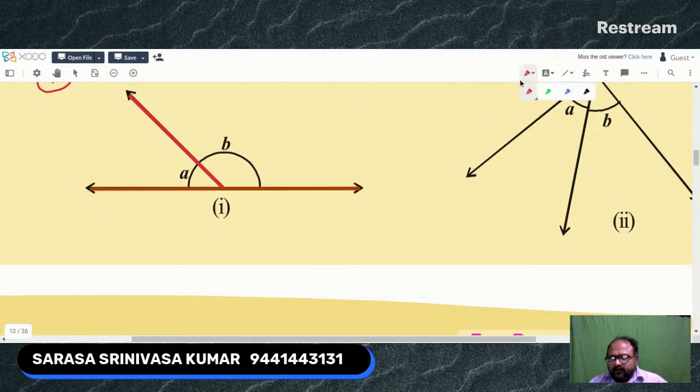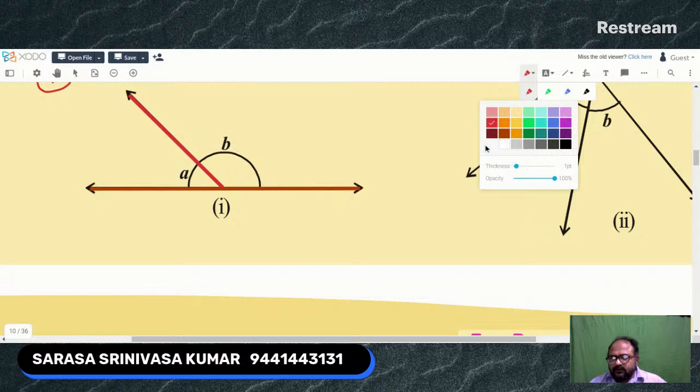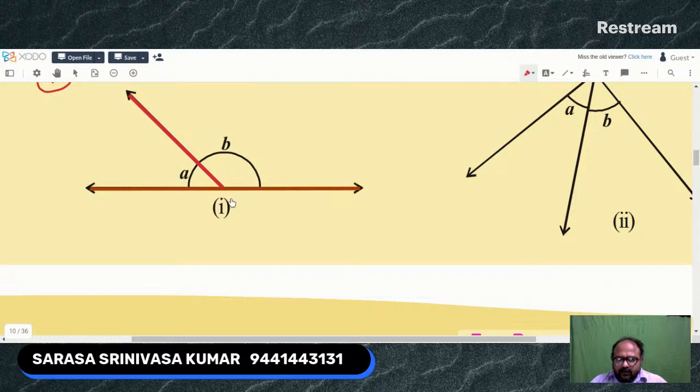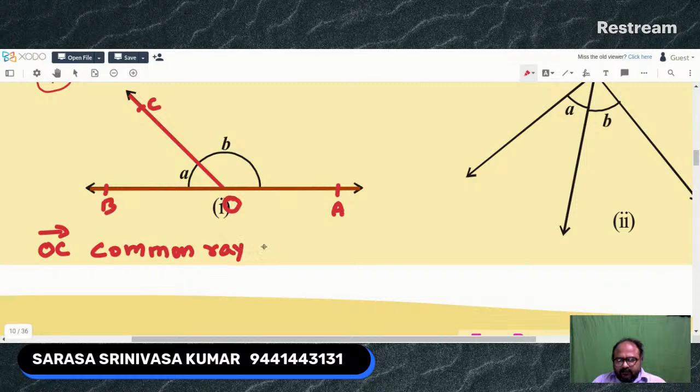Here, angle A and angle B are formed, and the common vertex is O. I would like to denote some points: A, B, and C. Here, OC is the common ray. We can say common arm also.